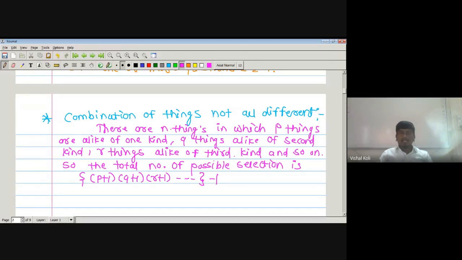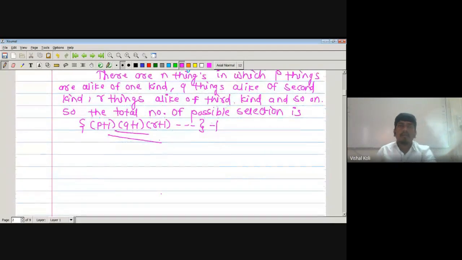As there are n things, out of these n things, p are alike of one kind, q things are alike of second kind, r things are alike of third kind, and so on. And we have to prove that the total number of possible selections is (p plus 1) into (q plus 1) into (r plus 1), and remove minus 1 from this product. Okay, that is we have to show.